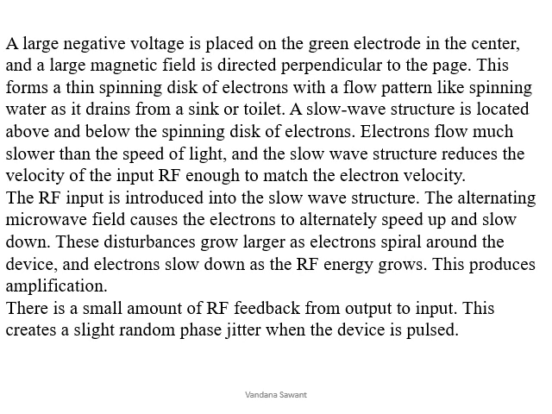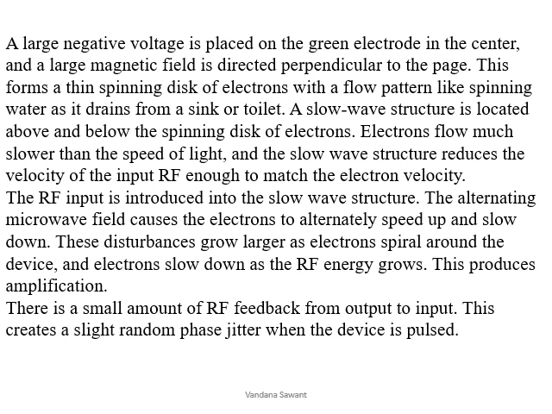This all means that the electrons have a spinning structure and the RF field is moving through the slow wave structure present at the top and bottom of the spinning disk of electrons. Then a large number of interactions take place between the RF field and the electrons, and this interaction results in the slowing down of the electrons, or it can increase their speed.